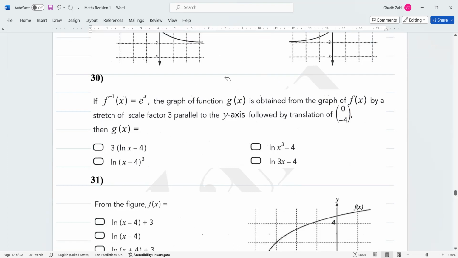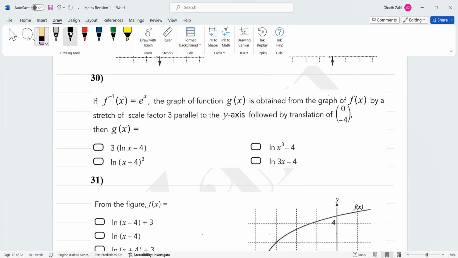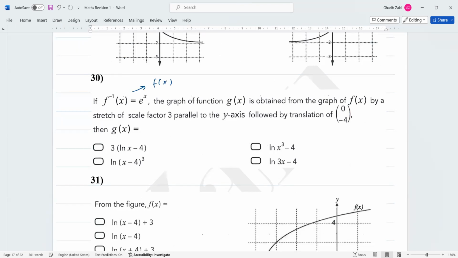Now we talk about g of x. So the inverse of this function, f of x, is ln x. Now, g of x is obtained from f of x, this is ln x, by a stretch of scale factor 3 parallel to the y-axis. It means a vertical stretch. So 3 ln x, followed by a translation: 0 in the x direction, negative 4 in the y direction. So it's negative 4.